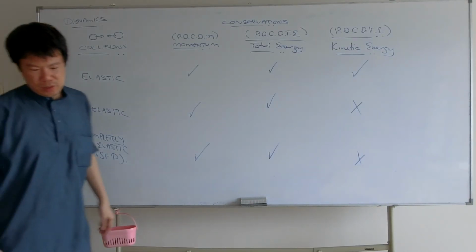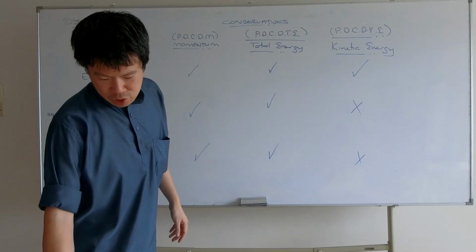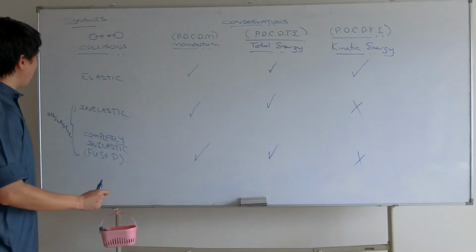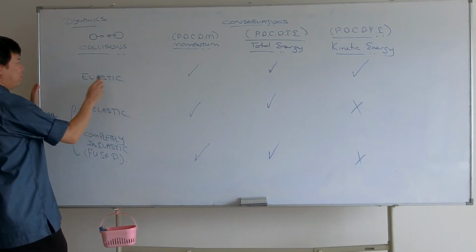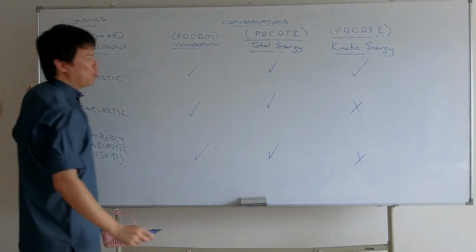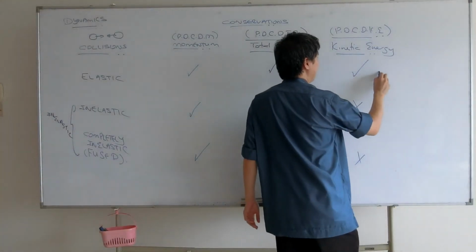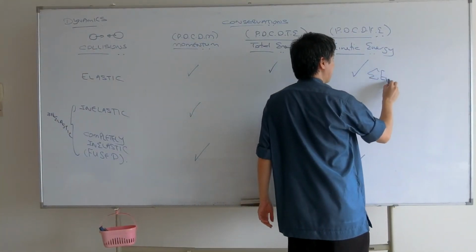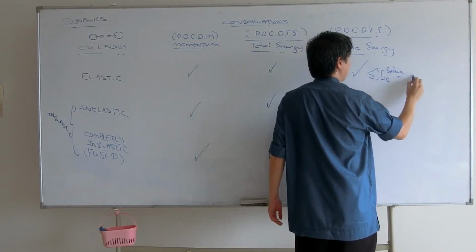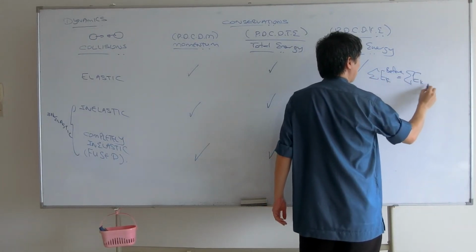So what does this actually mean? It means one very important thing. When kinetic energy is conserved, it means the sum of the kinetic energy before is equal to the sum of the kinetic energy after.